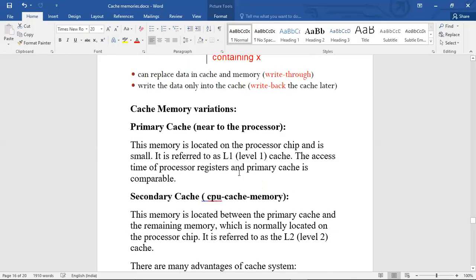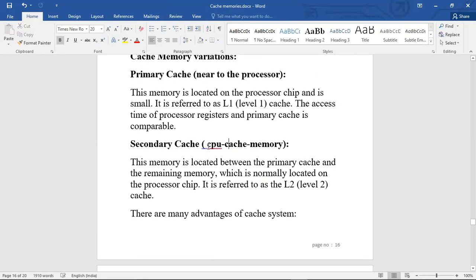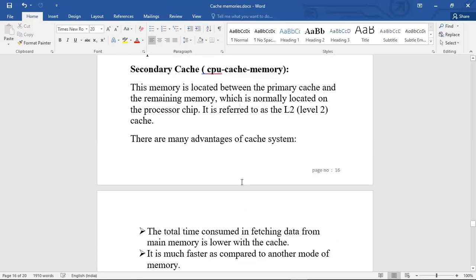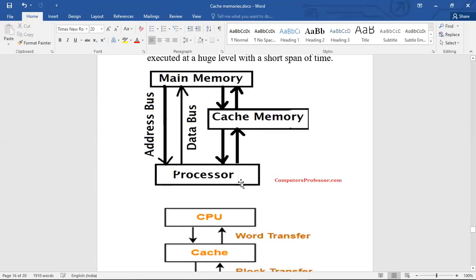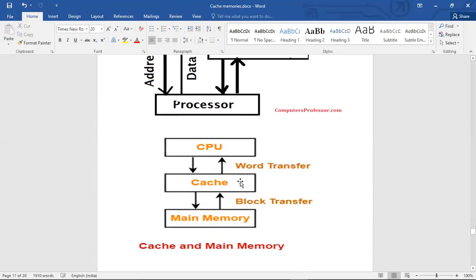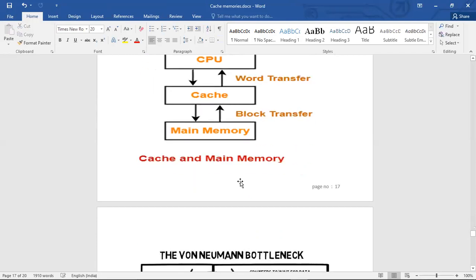There is a primary and a secondary cache. The primary cache is near the processor, and the secondary cache may lie in between the CPU and main memory. Here you can observe the same information.